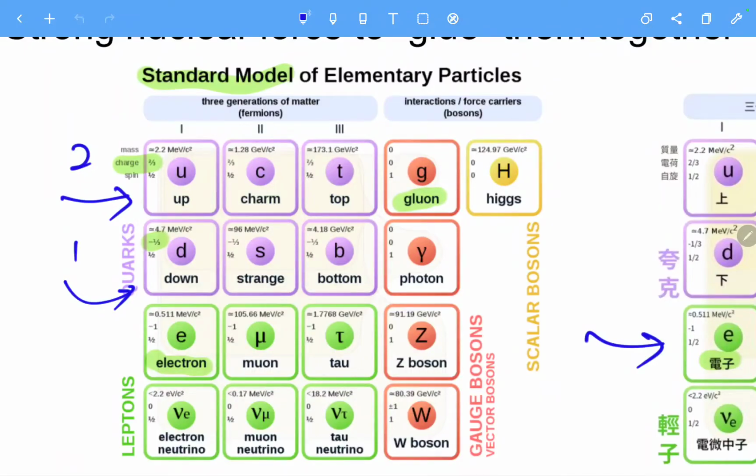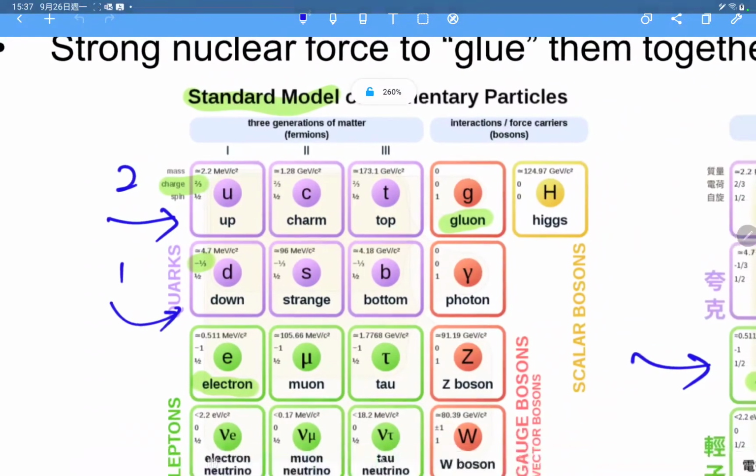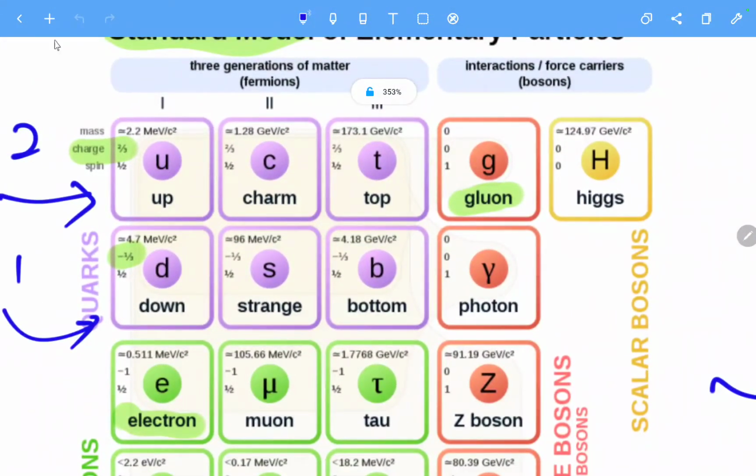But the physicists tried to do this, and as you can see here, there are 3 generations of matter. This is the first generation, and you can see the mass. It is not represented in kilograms, but in MeV per c squared. Of course, this is related to E equals mc squared, where E is the energy of the particle and c is the speed of light, which is a constant.